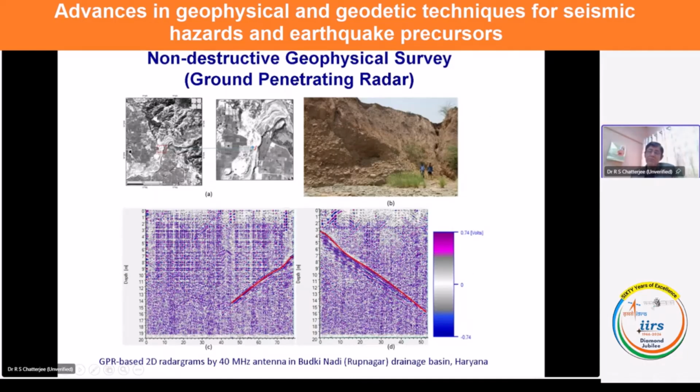And this interface, you can see the scarp surface from the section very well, but even if you don't see it from the ground, with the ground penetrating radar you can see the geometry of the fault. So this is how geophysical investigations have been working.